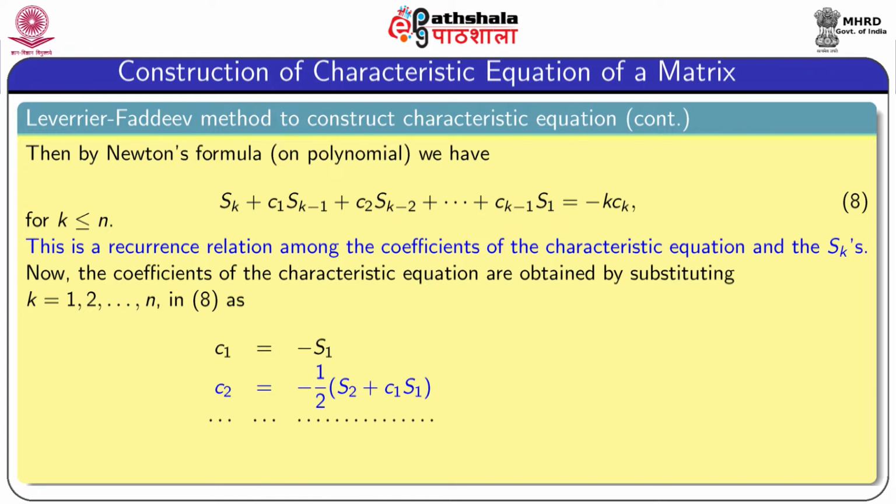When k equal to 2, then C2 equals minus half into S2 plus C1 S1, where C1 is determined in the first equation, and in this way the last coefficient Cn is equal to minus 1 by n into Sn plus C1 Sn minus 1 plus C2 into Sn minus 2 plus and so on, plus Cn minus 1 into S1. All these equations are obtained from equation 8 by substituting the different values of k.